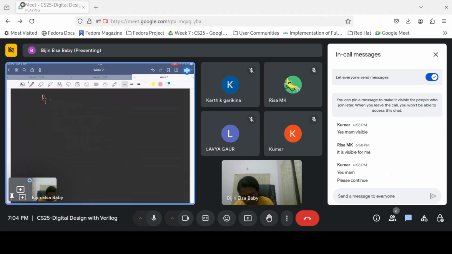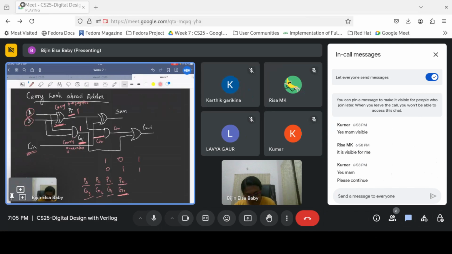So Pi is An XOR Bn, and Gi is An AND Bn. This is the half adder output. So here, then the sum will be Pi XOR Ci.